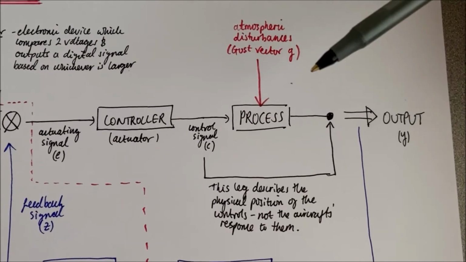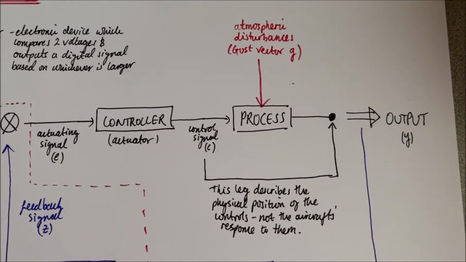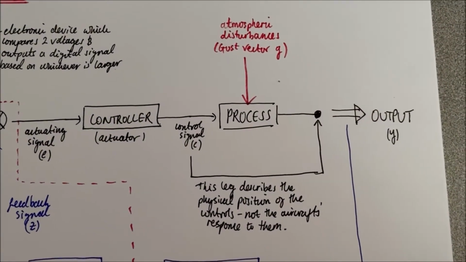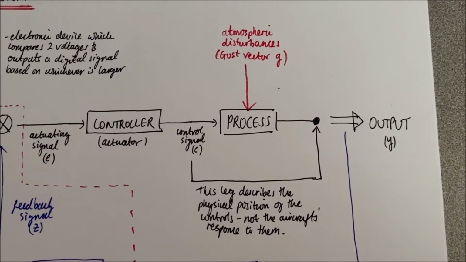We just need to know physically where the control surface is located to work out whether we have more or less available to us, right?